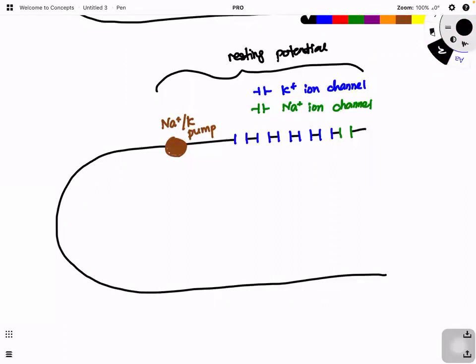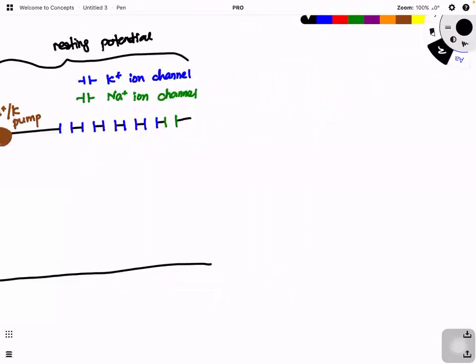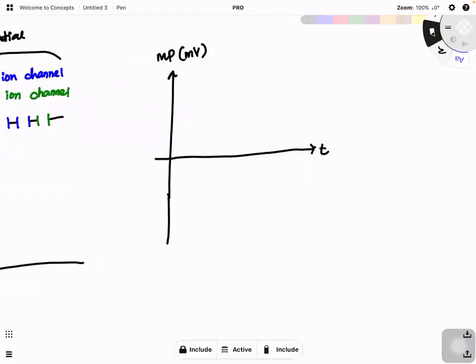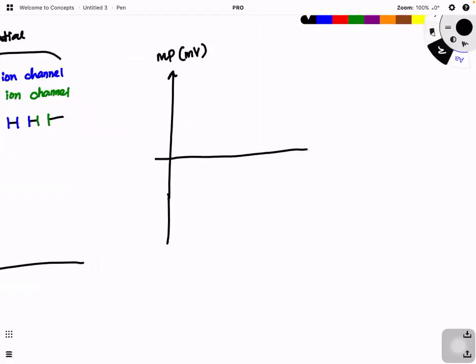So if I draw a graph now, membrane potential in millivolts versus time.